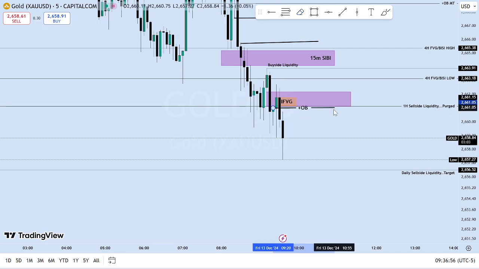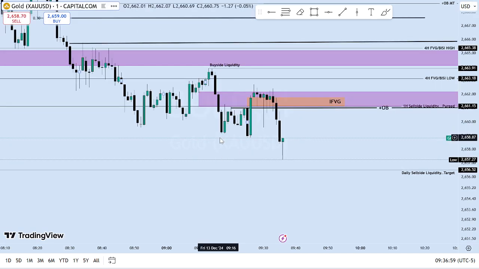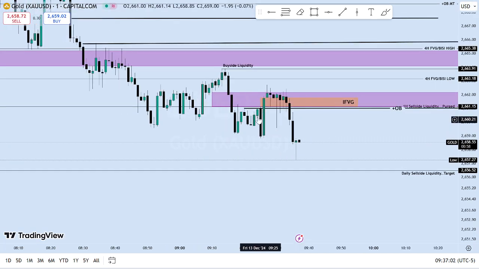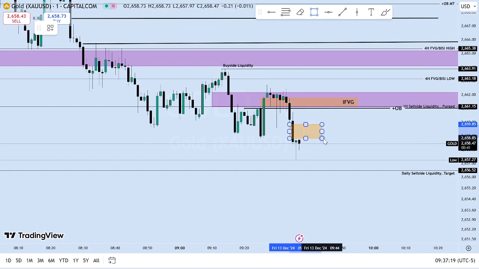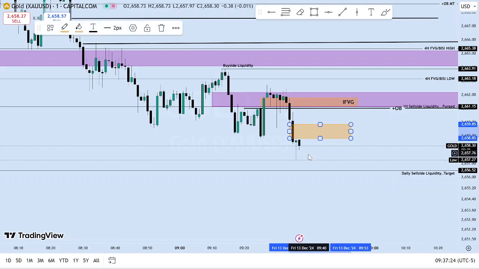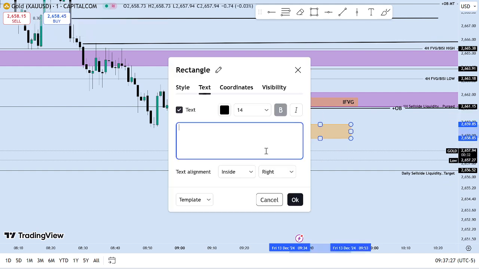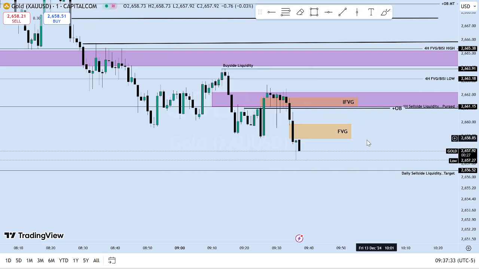Another order block. Can go to 1 minute. You have a high, low, higher high. It's a breaker. Break below, creating a fair value gap. First fair value gap created by 9:30. It's 1 minute.